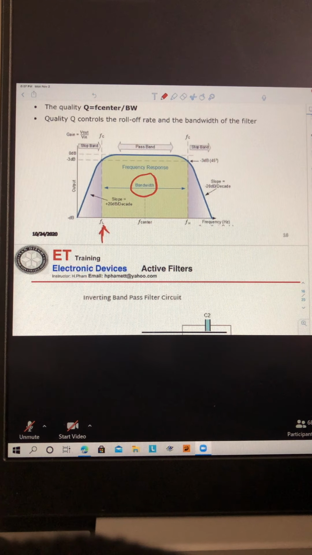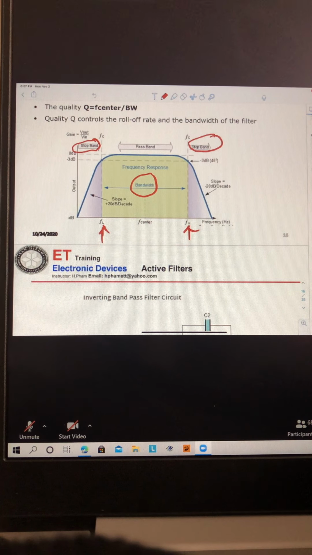Basically, they will go down at minus 20 dB per decade, the same as the other one. Any frequency higher than F high will be in the stop band. Any frequency less than F low will be in the stop band as well. The pass band will go from FL to F high, and the bandwidth in between, F high minus FL, is BW, bandwidth.